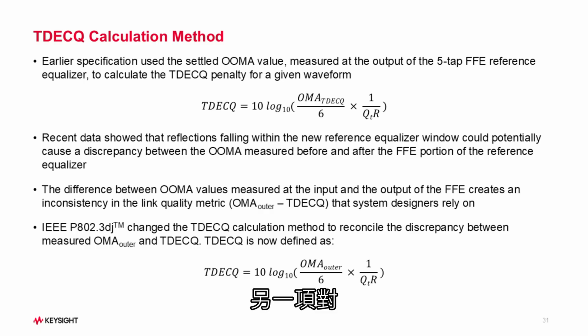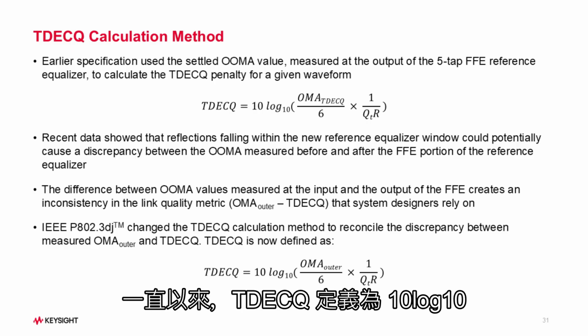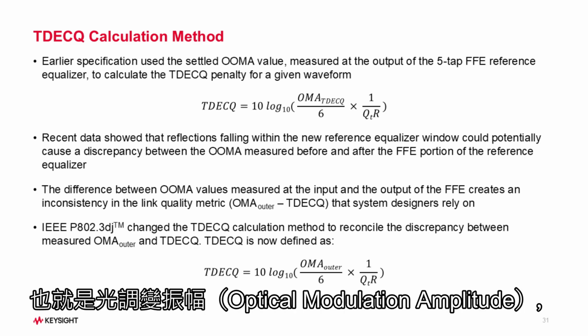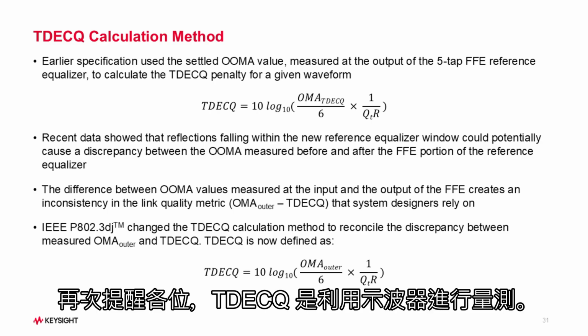Another big change that was done to TDECQ is a change to the TDECQ calculation method itself. TDECQ has always been defined as 10 log 10 of OMA divided by 6QTR, where OMA, or the optical modulation amplitude, is measured after the reference equalizer. So again, remember, TDECQ is measured on a scope.